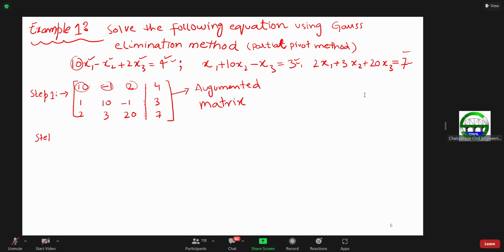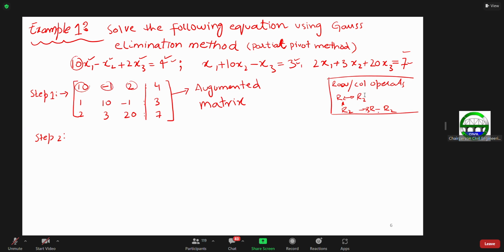And in step 2, we have to apply the row or column operations. We already talked about that we can change two rows, like row 1 and row 2. We can interchange them. We can also multiply a row with a number and subtract it from another one.